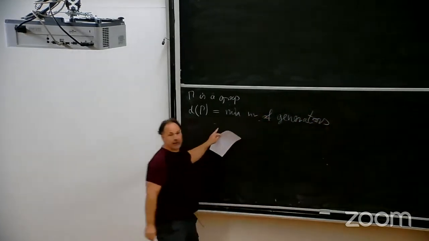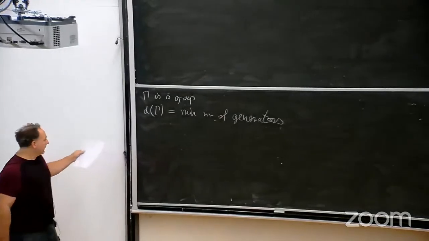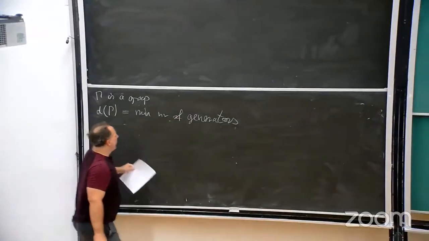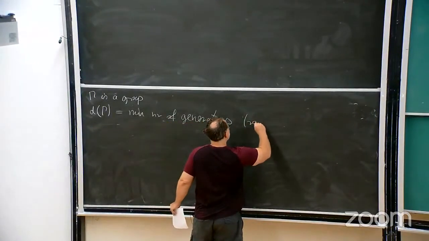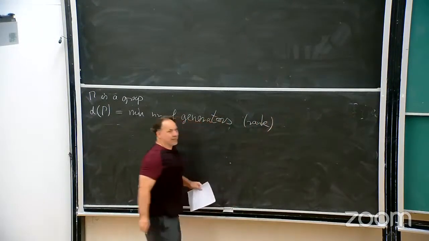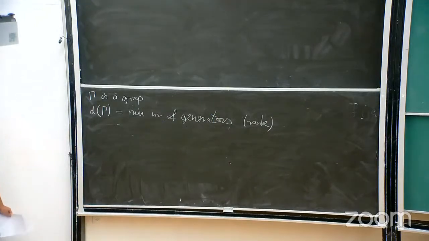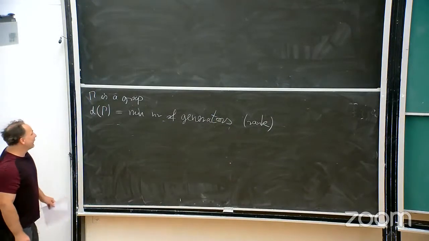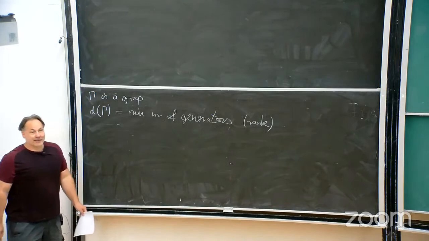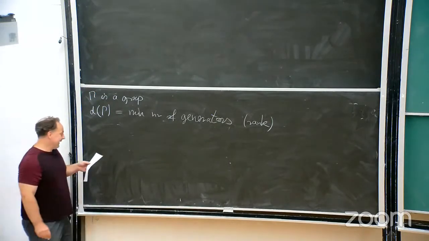Can you see what I'm writing? Is it visible? Yeah, cool. It's also called the rank, and I will call it the rank, although that's, of course, an abuse of that poor word, because it's used for at least 20 things in mathematics. Since the rank of a group is the minimal number of generators in this talk, okay?